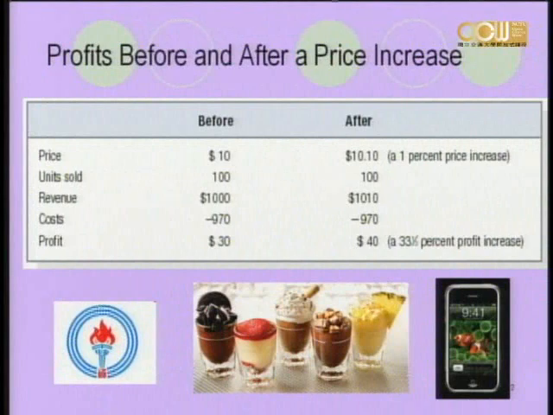Now, why is it important not to cut a price? Let me show you the example here. Like a price of $10, that's 1%. So I charge 10 and then 10 cents. Unit sold, look at that, 100. Look at the revenue, you increase $10. You minus cost, $9.70. Look at that, $30 and $4. 1 cent, 1% price increase, 33%. Unbelievable.